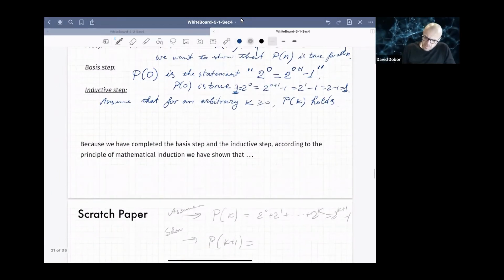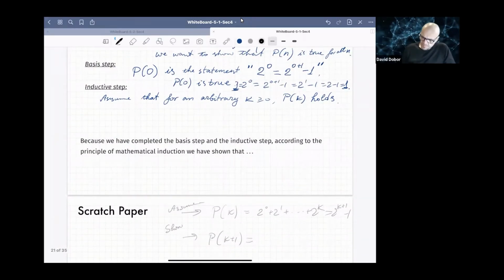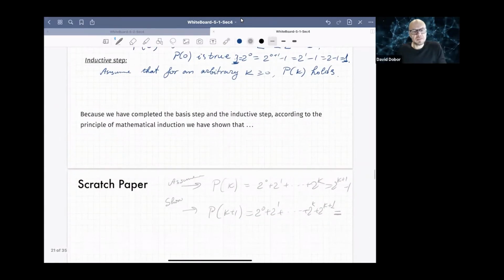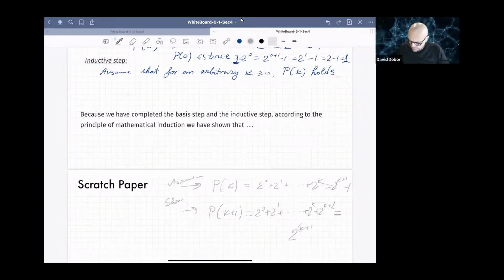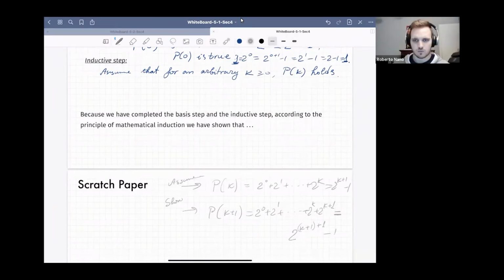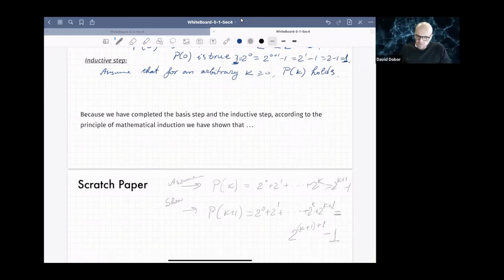So let's write down P of k plus 1: 2 to the 0 plus 2 to the 1 plus, blah, blah, blah, plus 2 to the k plus 2 to the k plus 1. This is what we need to show equals 2 to the k plus 2, minus 1. Why did I write it this way?